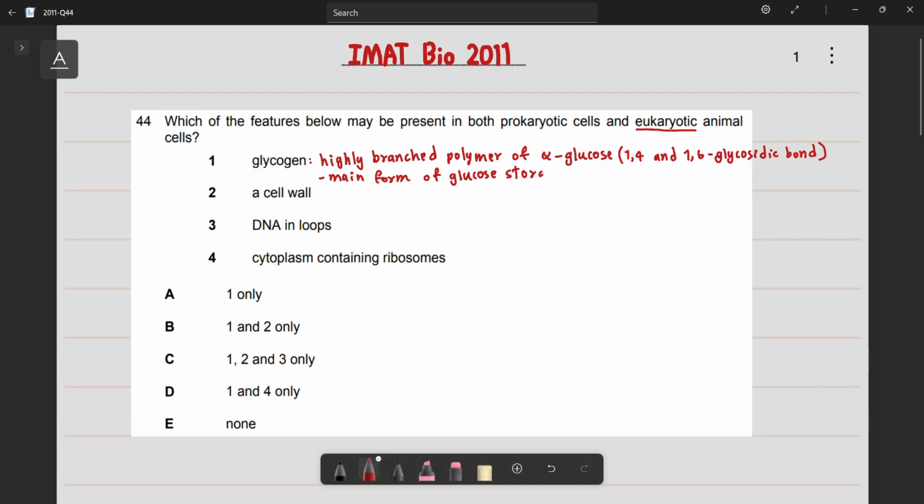Glucose is the main compound required to produce energy, which is ATP. Glucose is broken down into ATP, so it is the main source of fuel for our body and for most organisms.